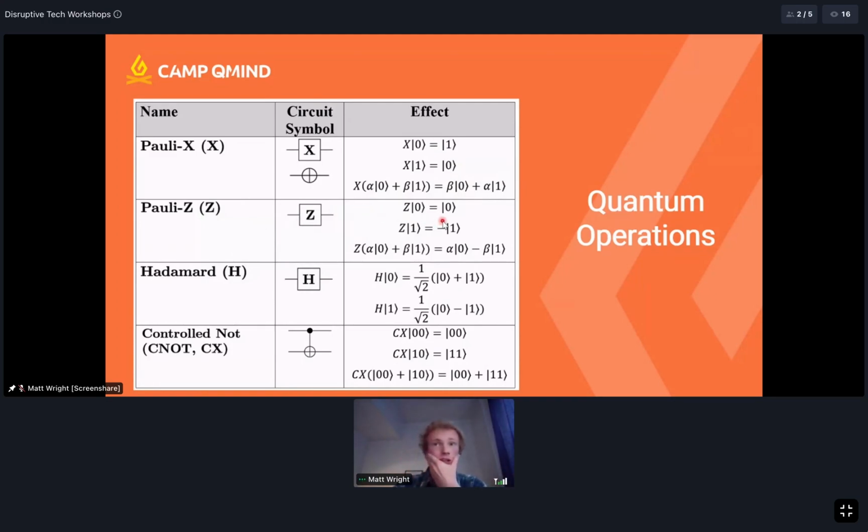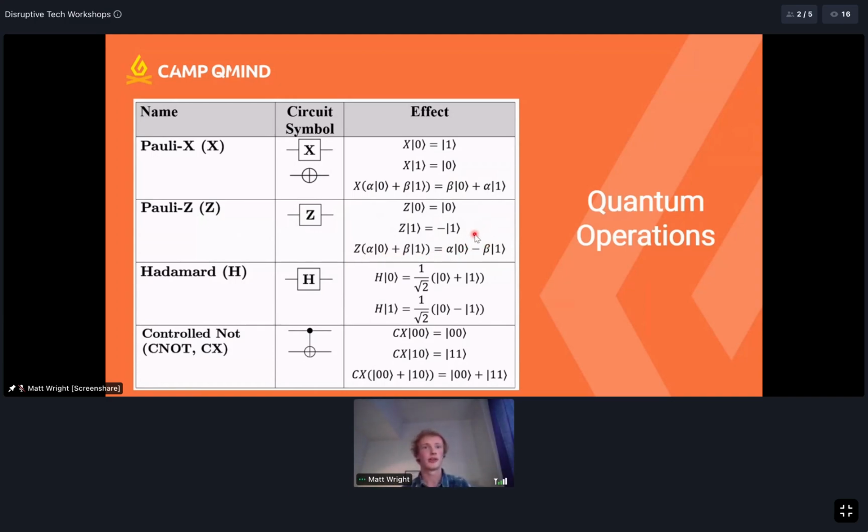What that implies is a little bit out of the scope of the presentation, but you can do a ton of cool stuff by taking advantage of this relative phase. If you were to just measure this, you get the exact same result or distribution as you would with this, because this phase isn't really measurable.